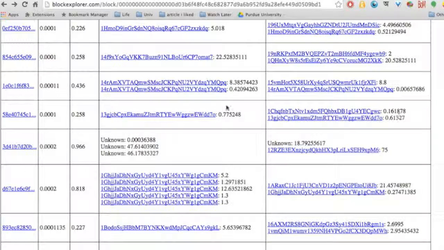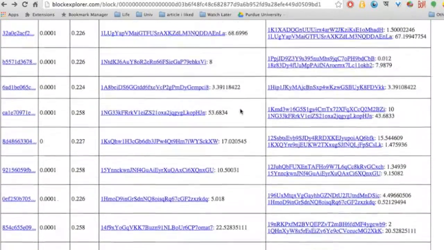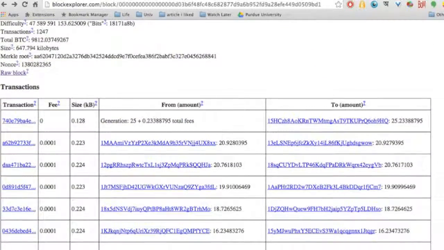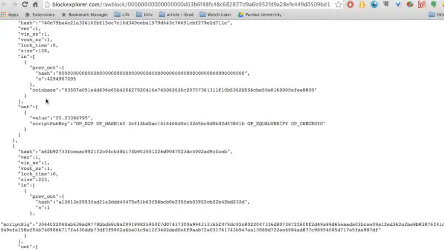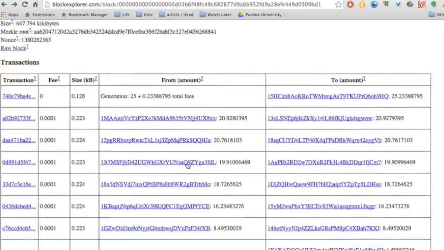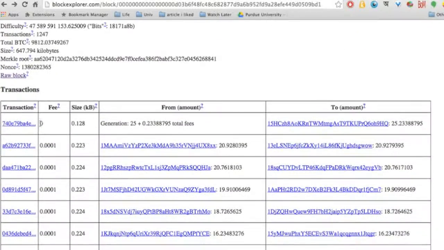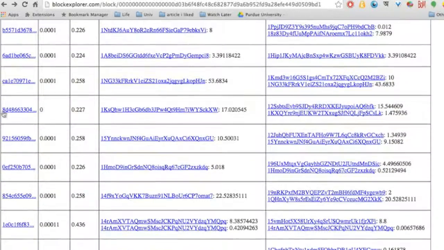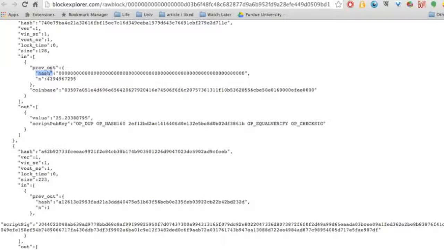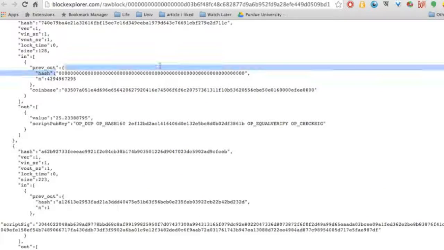So what you'll have to do is make this transaction where you put the hash value. This is the transaction hash. So you'll have to find out this transaction hash value and put it in this prev out.